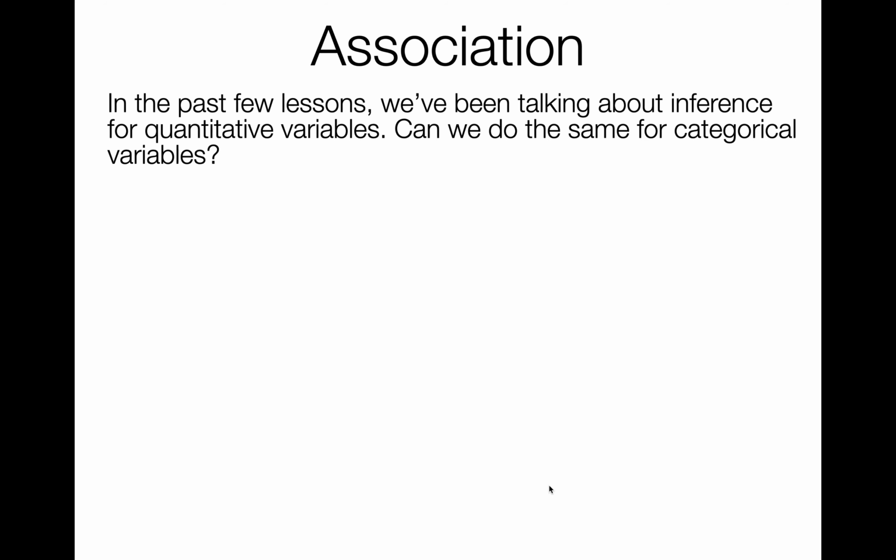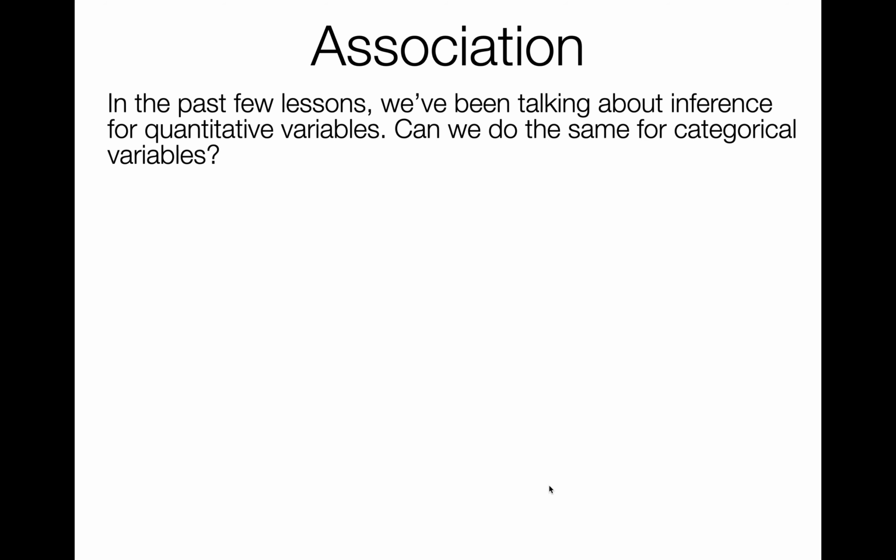But both of those, the variables that we were looking at, in both the proportion and the mean situations, were quantitative in that they had units associated with the numbers that we were looking at.